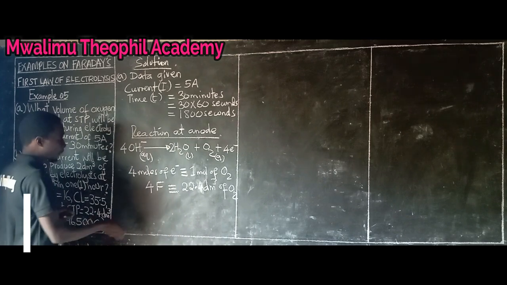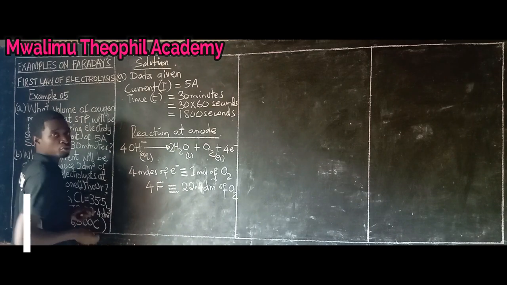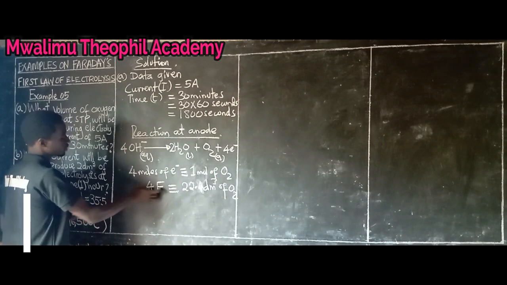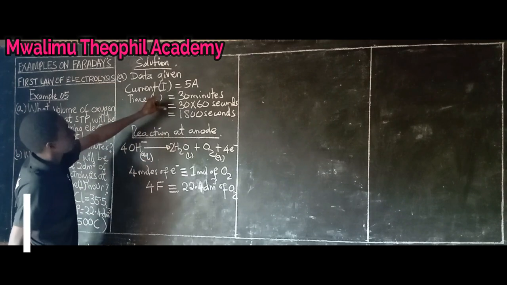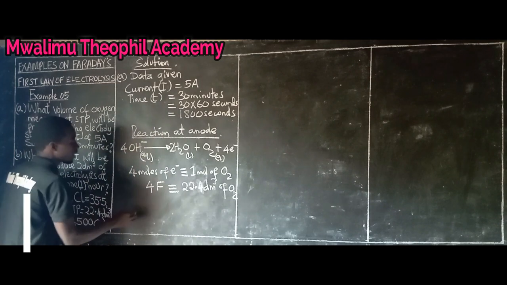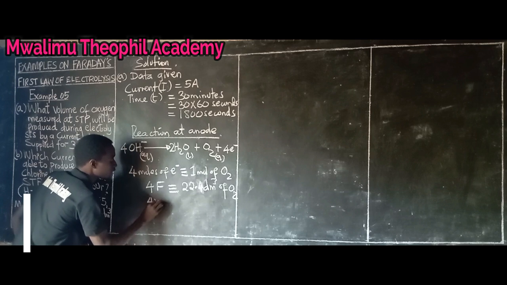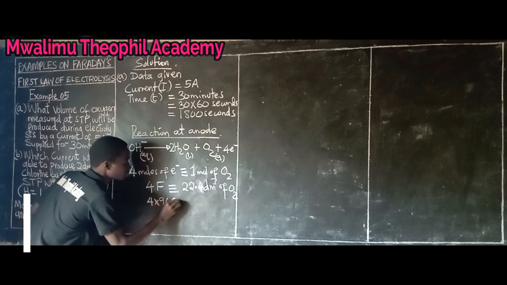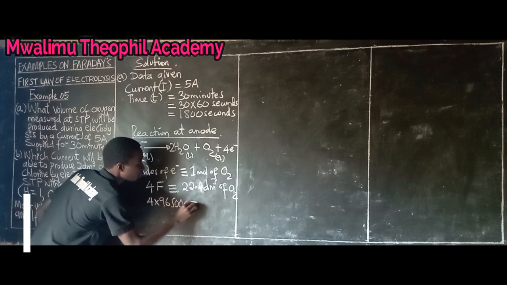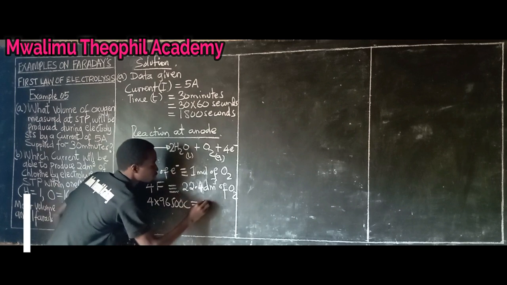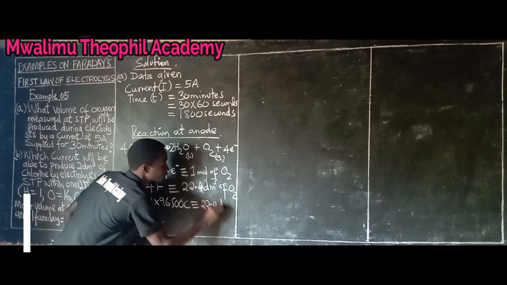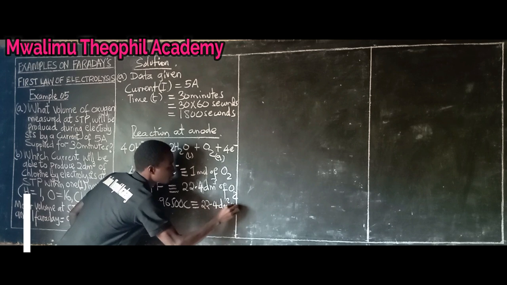Now let us change these Faradays into coulombs, into charge, so as to compare it with the data we have. Here we will have 4 times 96,500 coulomb equivalent to 22.4 decimeter cubed of oxygen.